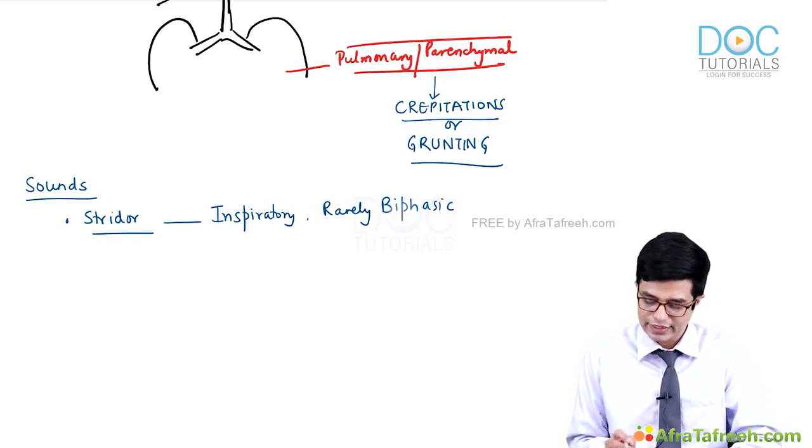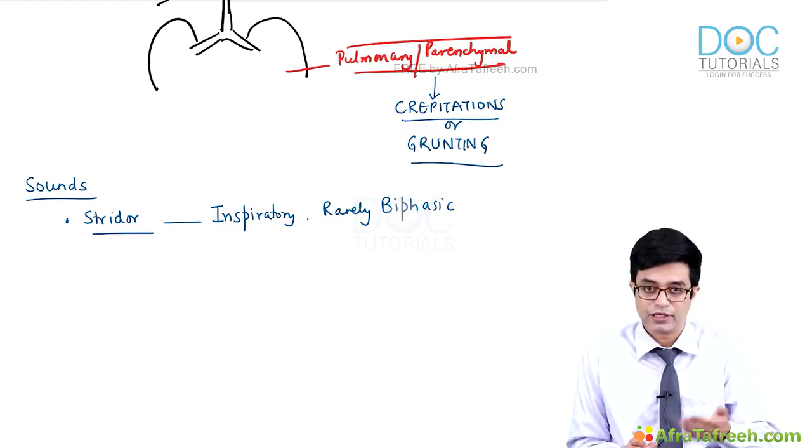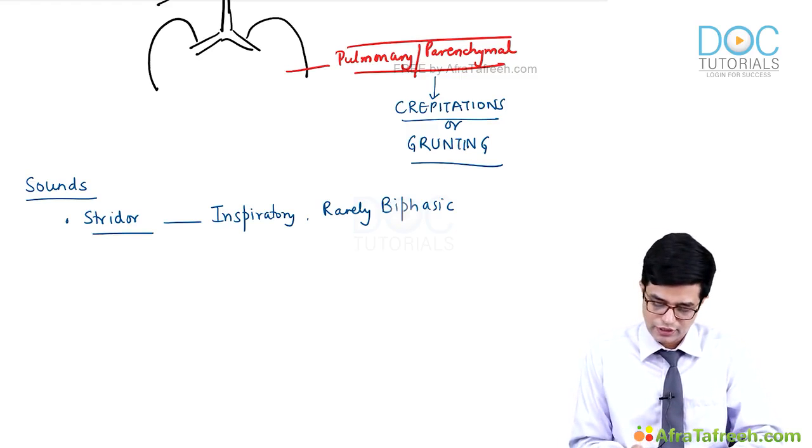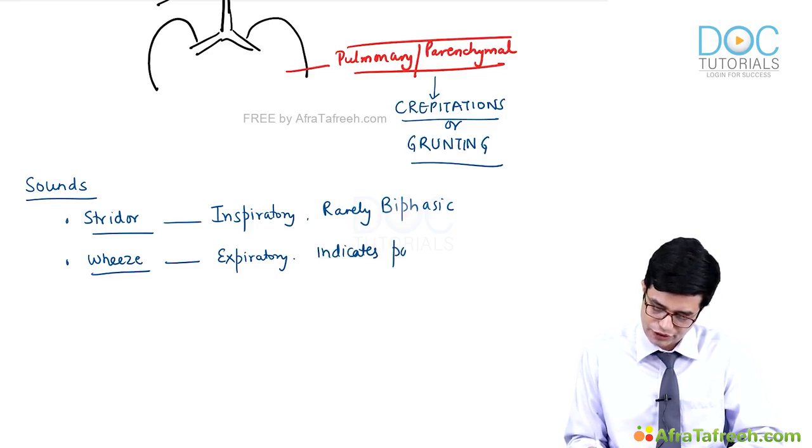Stridor usually indicates partial obstruction in the upper airway. Complete obstruction will not produce any sound. Then you have wheeze. Wheeze is usually an expiratory sound and it indicates a partial obstruction in the bronchi and bronchioles.